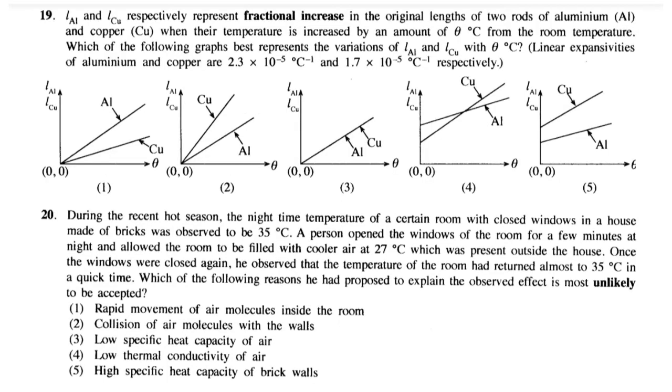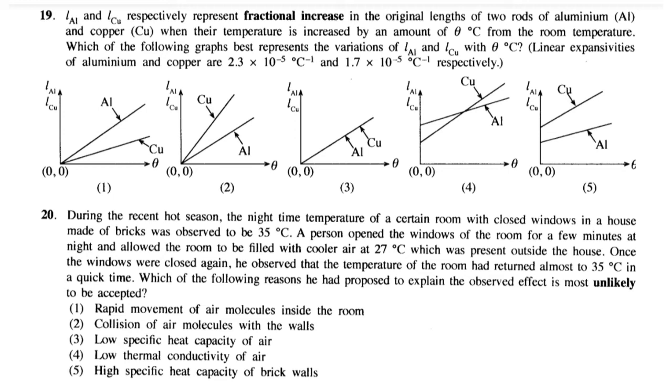Question number 19. Two rods of aluminium and copper, their respective fractional increases in original lengths are ΔL/L for Al and ΔL/L for Cu. If the temperature is increased, they are asking for the best graph which represents the variation of fractional increase with the temperature.